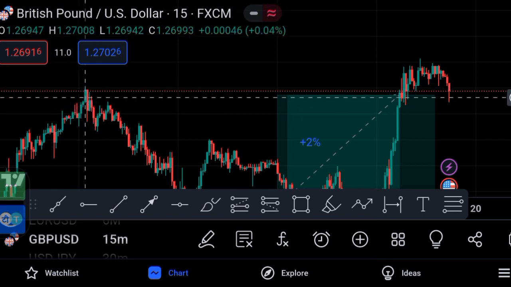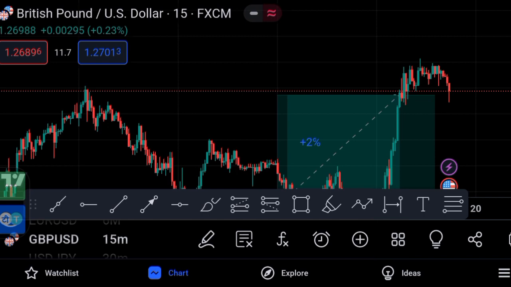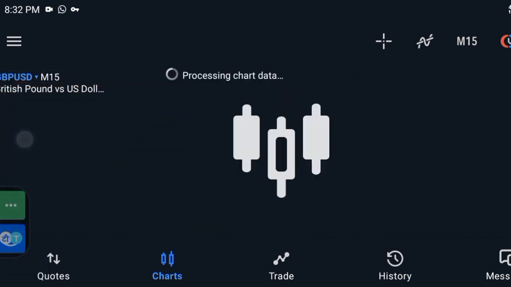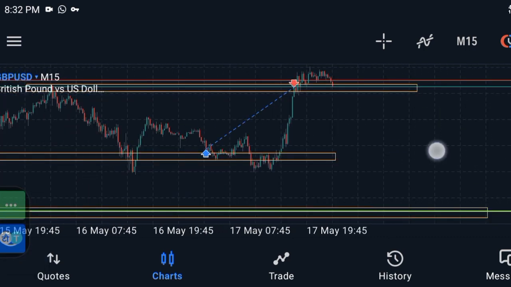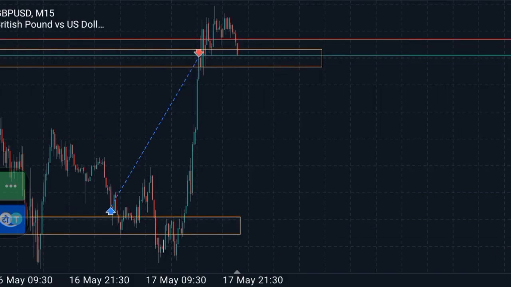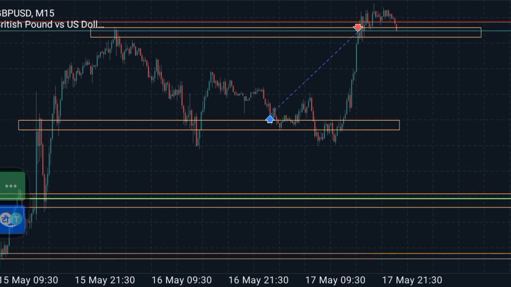So let me show you again on MT5 the trade history. So here we are on MT5. Let me quickly go to GBP USD. This is GBP USD on MT5, and look at the trade history, the same thing.